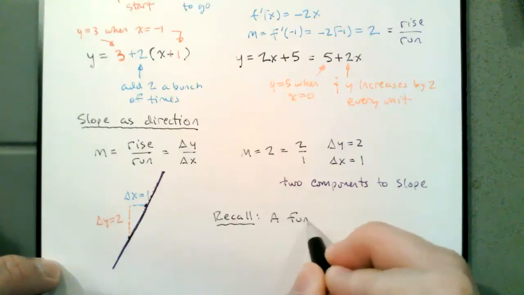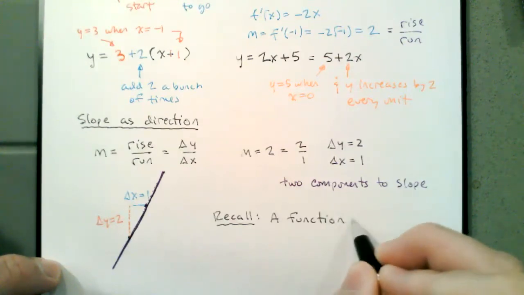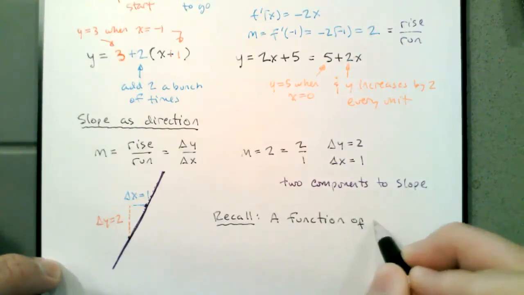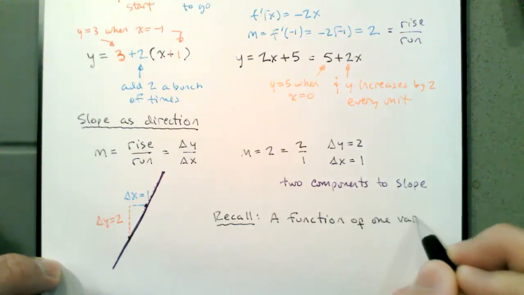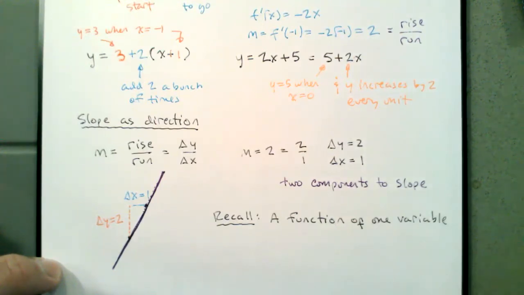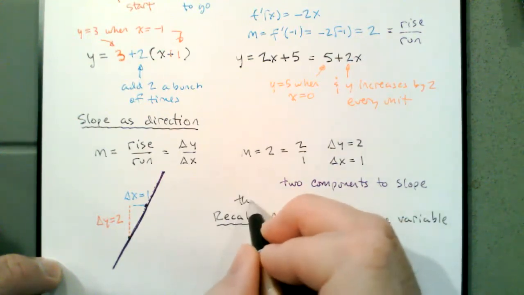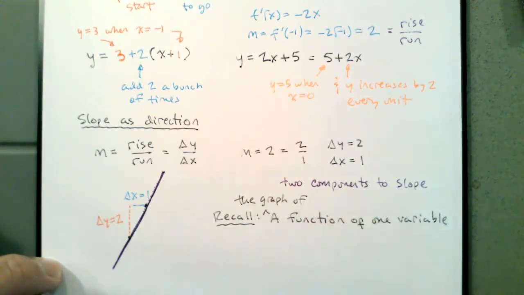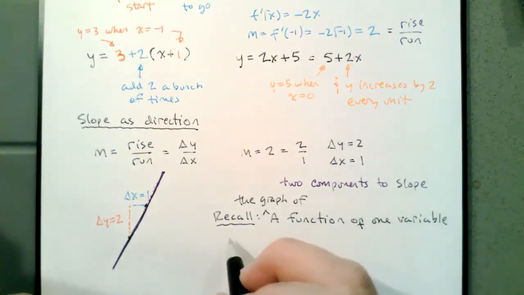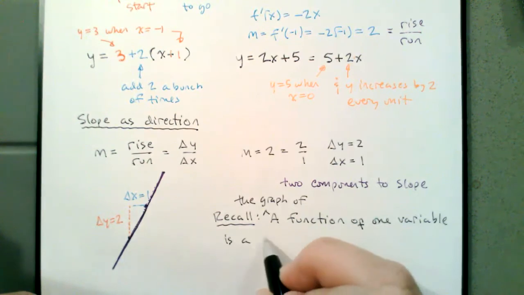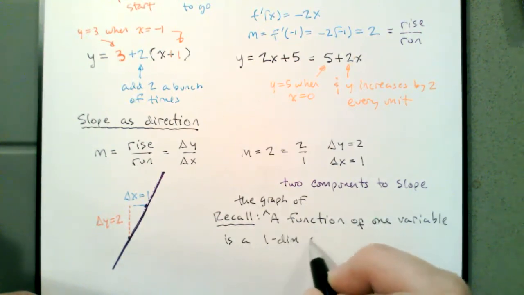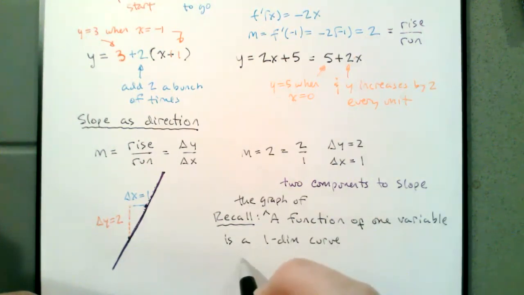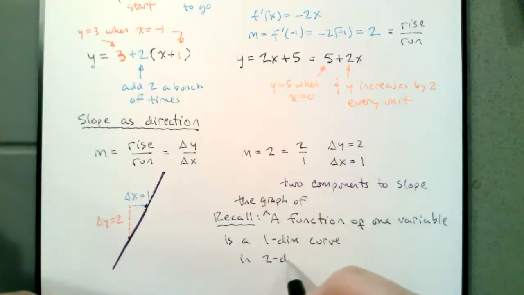Oops, I forgot to say the graph of. The graph of a function of one variable is a one-dimensional curve in two-dimensional space.